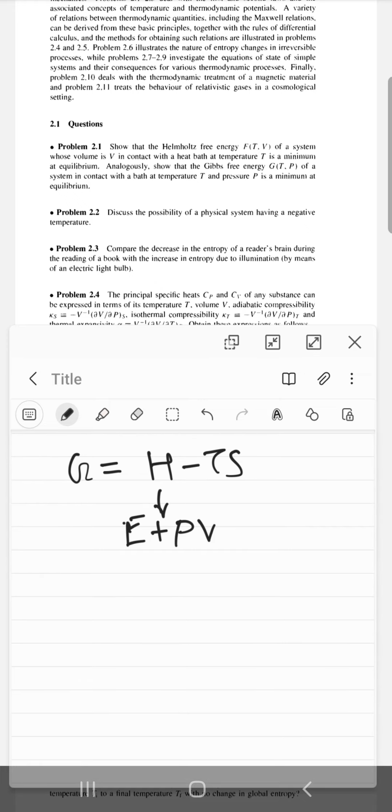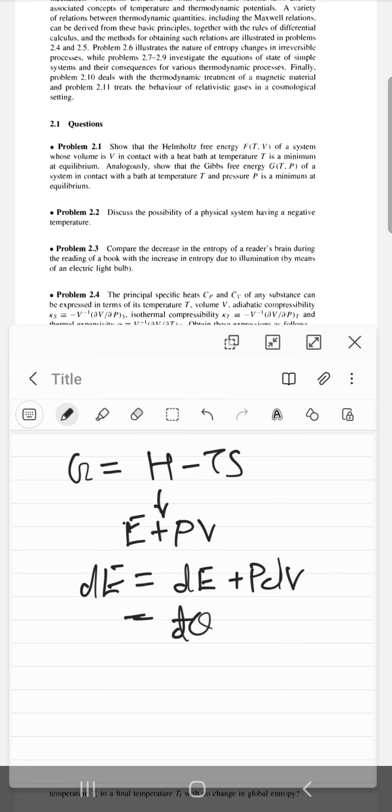Now the good thing about H is that at constant pressure our dH can just be written as dE plus PdV, but then you know that dE is just this quantity plus P external dV, actually minus, sorry, plus PdV.